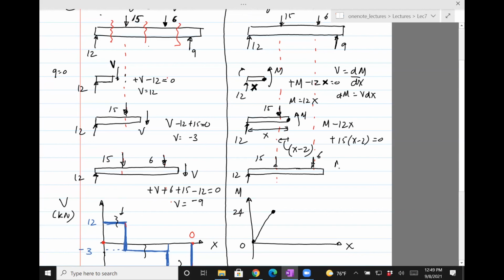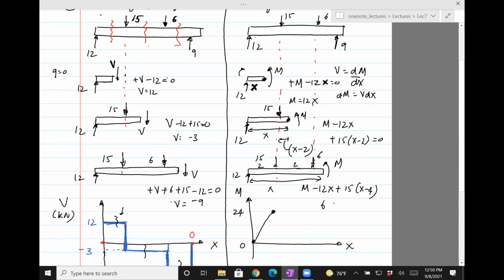So we'll have M counterclockwise. This is going to be x. So minus 12x. So 15, this is 2 meters. That's 2 meters. So it's going to be x minus 4 with a plus sign because it's going to produce a counterclockwise moment.